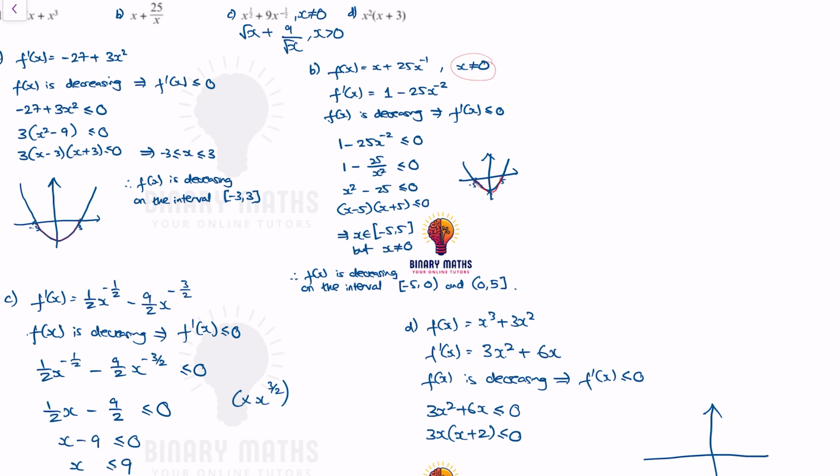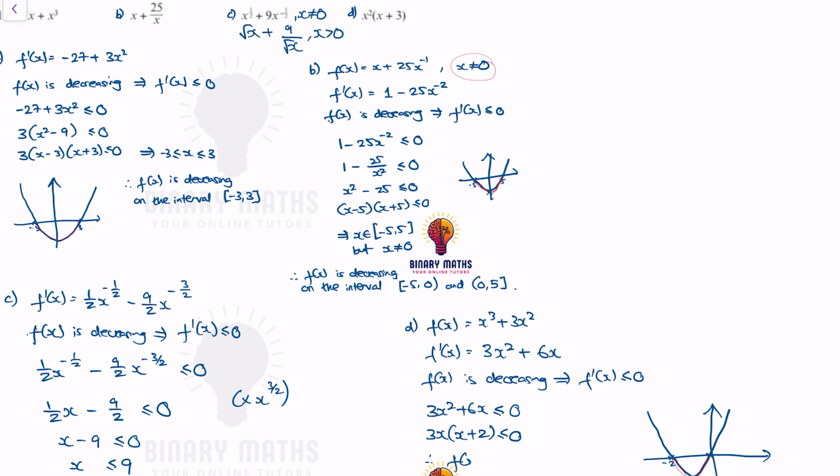So if I sketch it out, it's a positive quadratic going through 0 and negative 2. So I'm looking for where it's less than or equal to 0, which is between here and here. X is between minus 2 and 0.